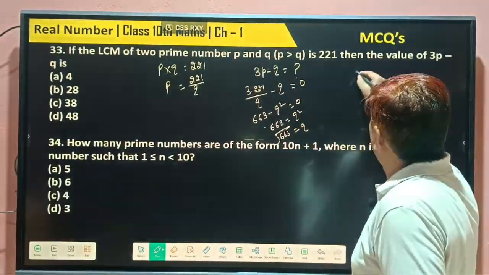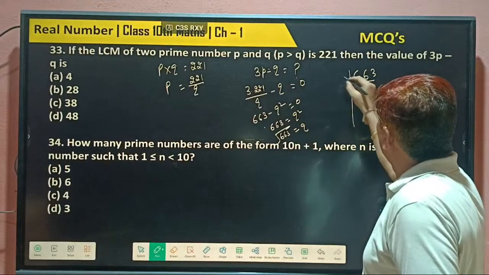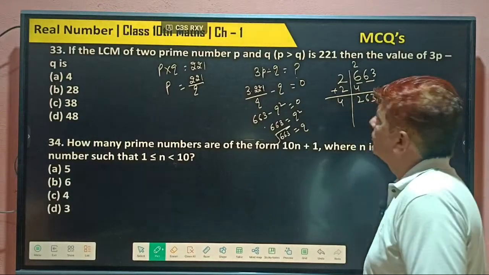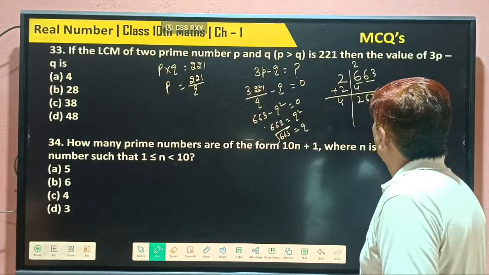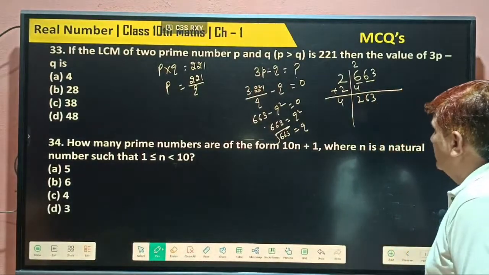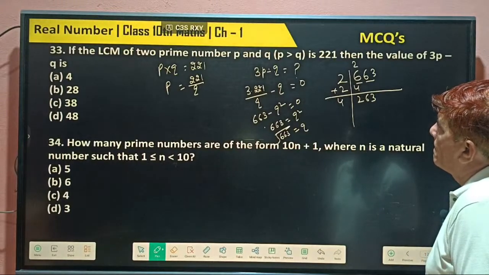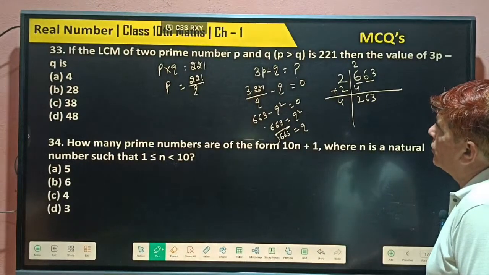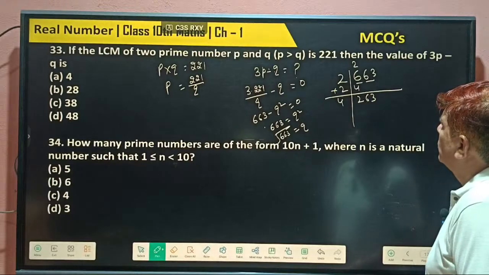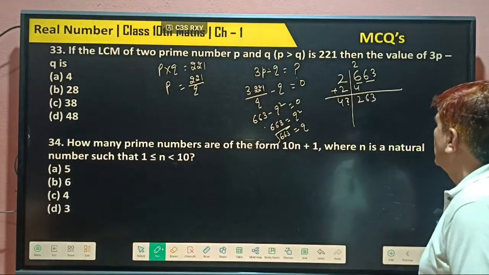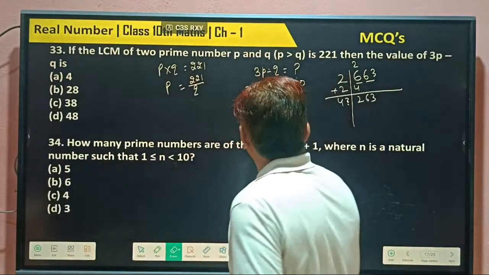So find out, factor 663. And P is greater than Q. We have to find out the value of 3P minus Q. This is not possible, so another method we can apply.